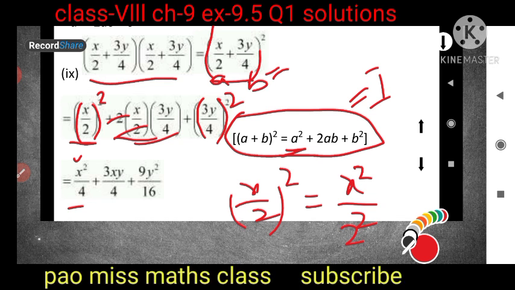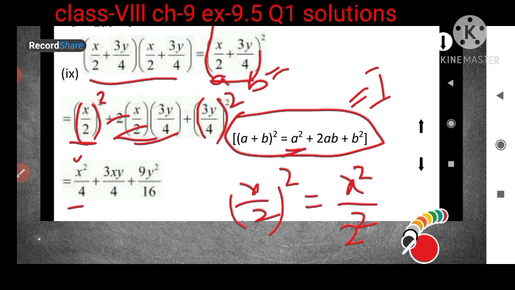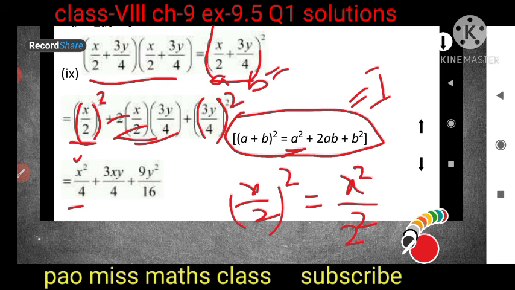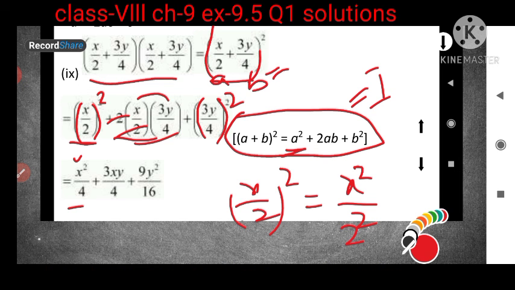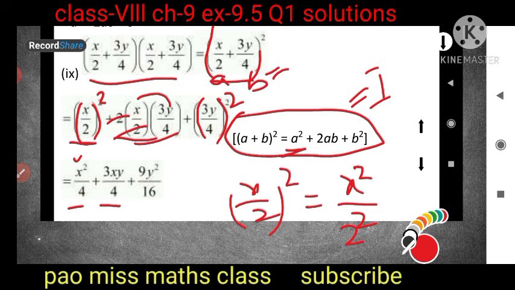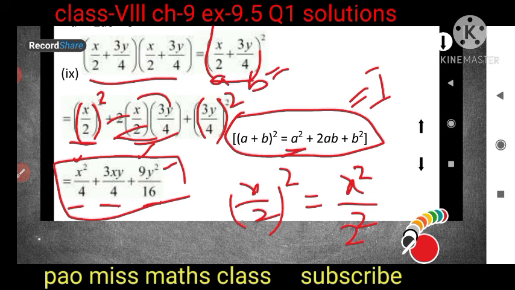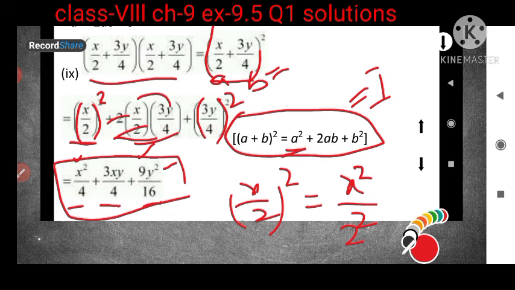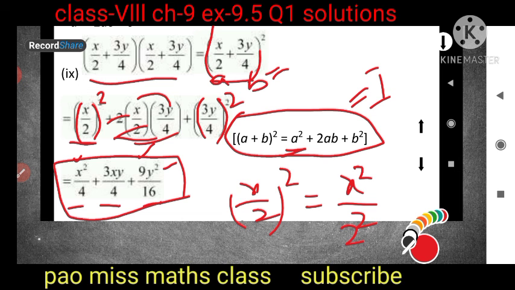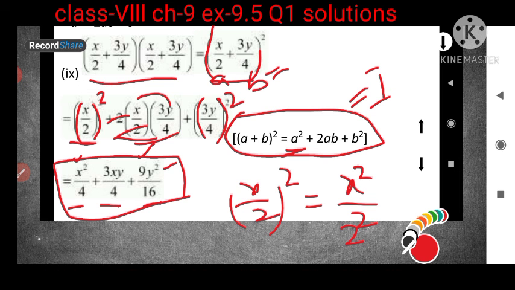Now what is remaining? The constant coefficient remaining is 3 upon 4, and the variable is xy. So 3 upon 4 xy. Then 3y whole square. So 3 threes are 9, y square is y square, and 4 fours are 16. So our required answer will be x square upon 4 plus 3xy upon 4 plus 9y square upon 16 is the required answer of this question.